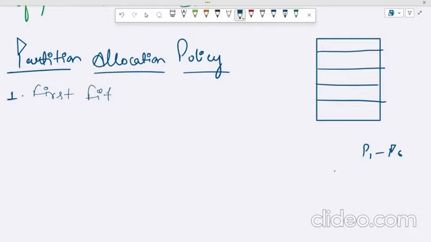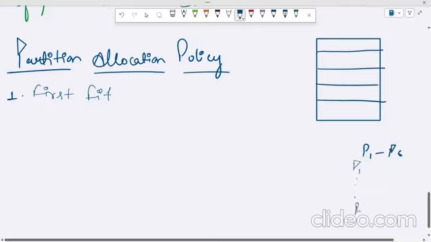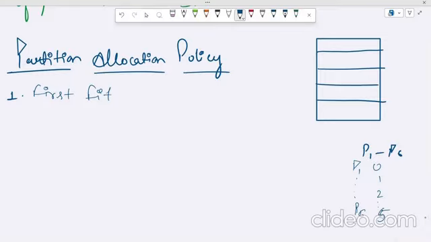Let's say processes P1 to P6 come in that sequence: first P1 comes, then P2, then P3, then P4, then P5, and then P6. So those processes who come first get the memory first, no matter what the memory requirement of the particular process is.